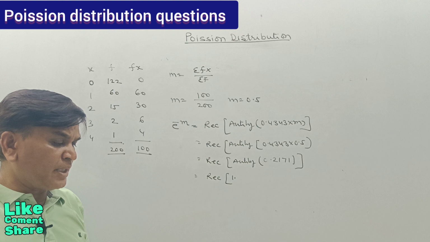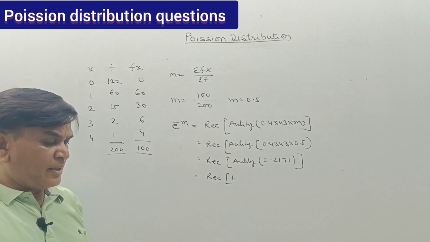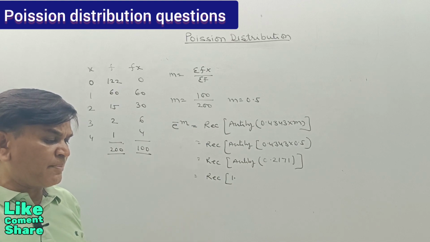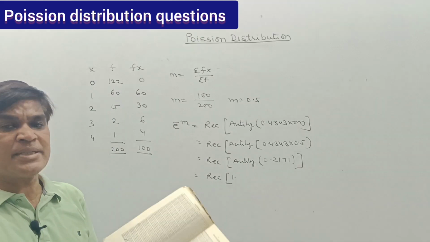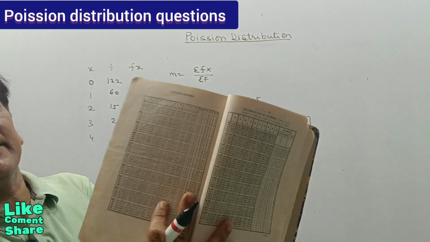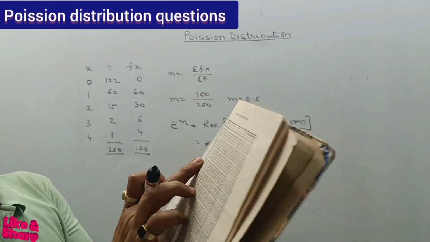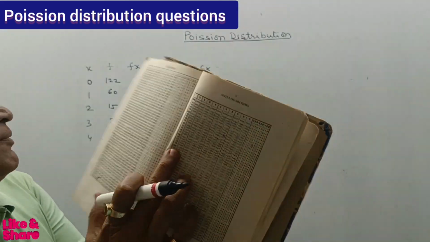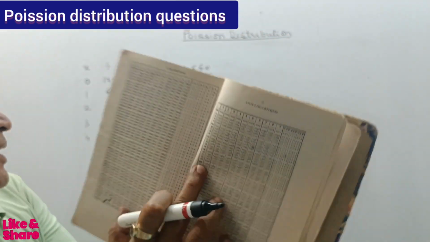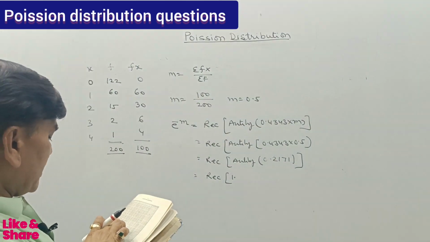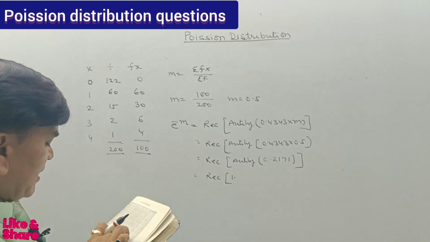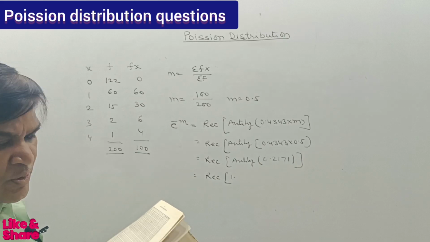In your book, at the end, there are two tables: one is the logarithm table and the second is the antilogarithm table. So in this antilog table, we will see 21 at the difference of 7.